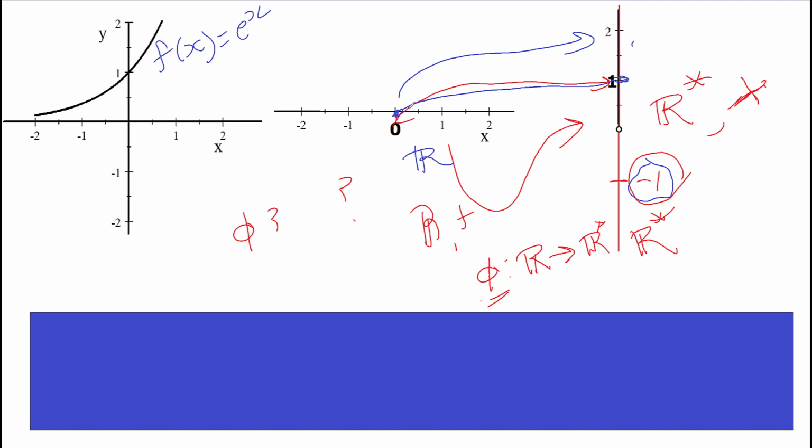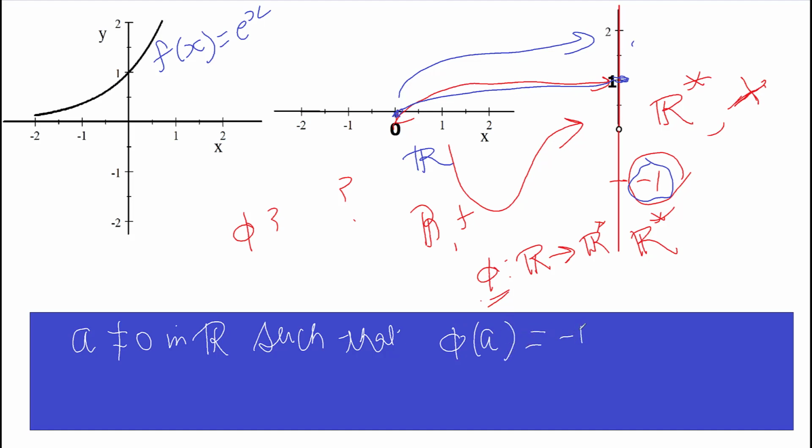Under an isomorphism, 0 and 1 have to correspond to each other, and we are looking at the multiplicative group of non-zero real numbers, right? So what we have to have is some a, which is not 0 in R, such that phi of a is -1, right?